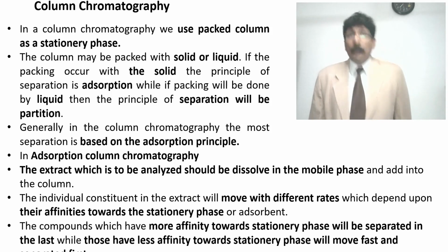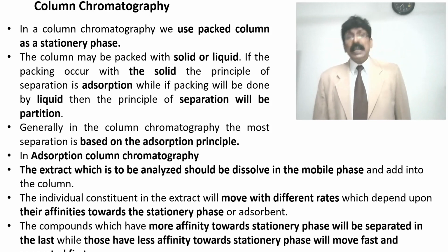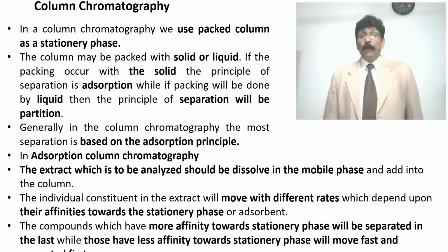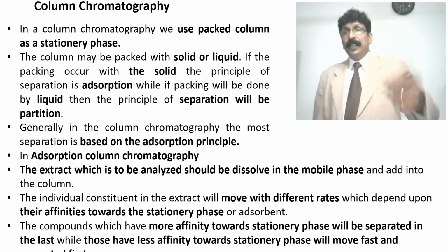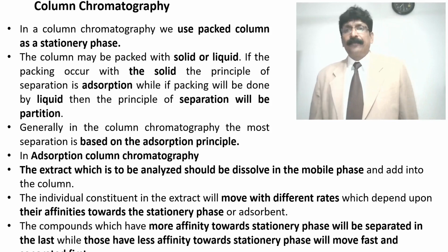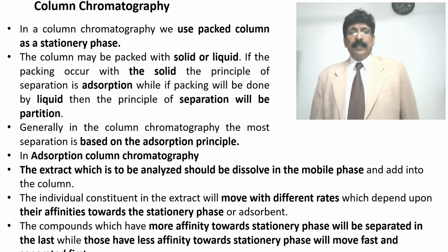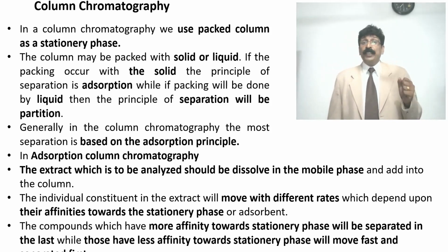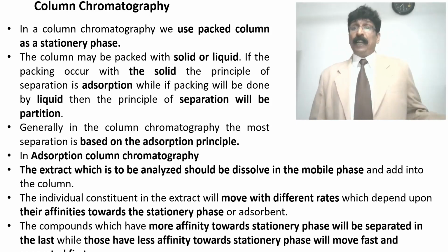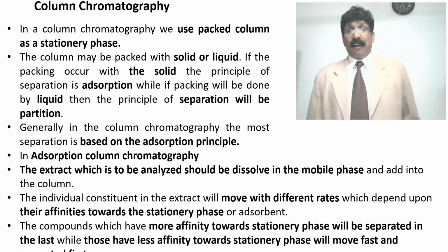The compounds which have more affinity towards the stationary phase will be separated last, since they are more strongly bound and come out slowly. Those with less affinity towards the stationary phase will move faster and be separated first.